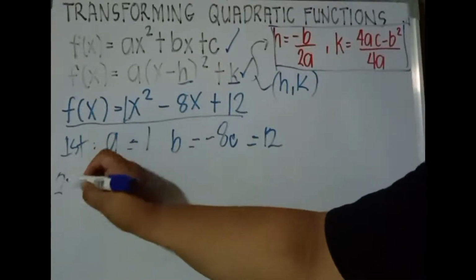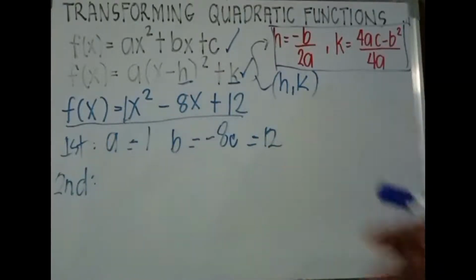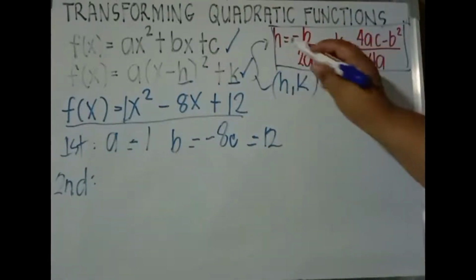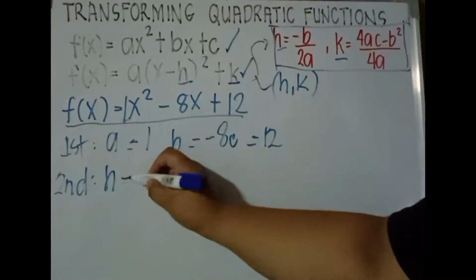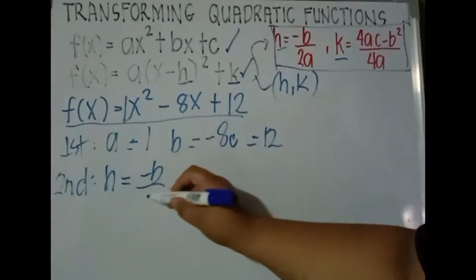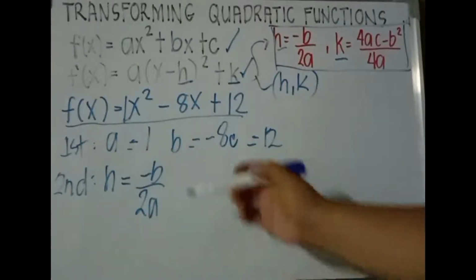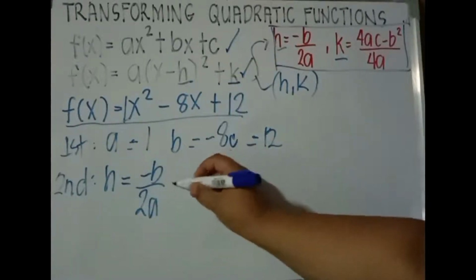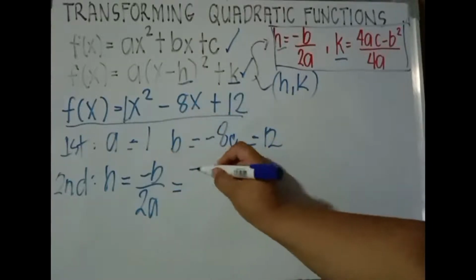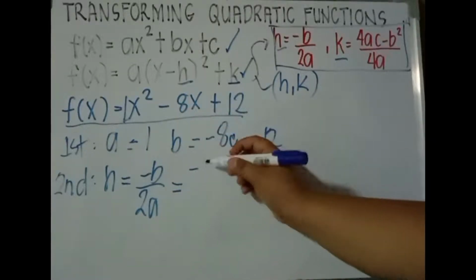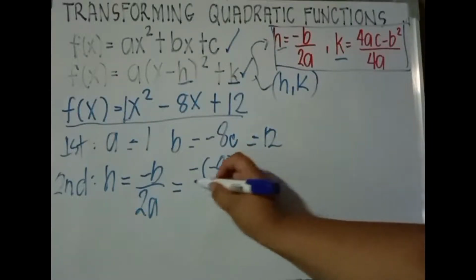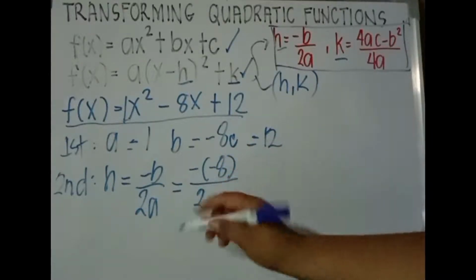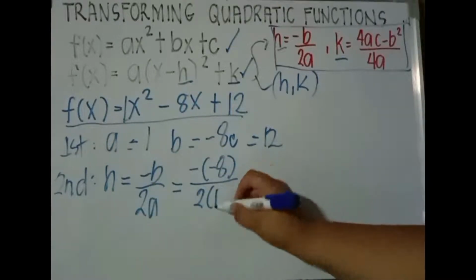Now, we can move on to our second step, which is for us to find the value of your h and k. Let's get first the value of your h. Your h is equal to negative b over 2a. Negative b, your b is negative 8, enclosed in parentheses, all over 2, your a is 1.